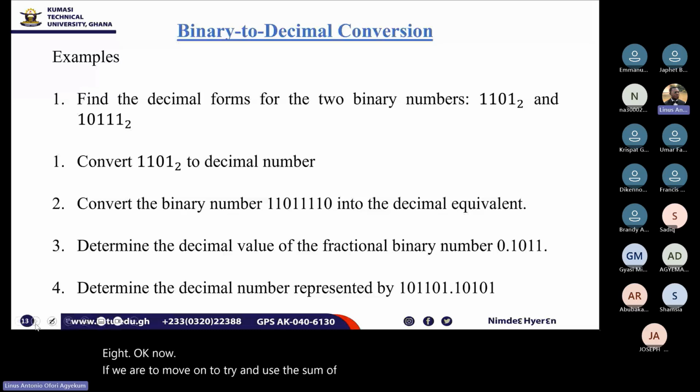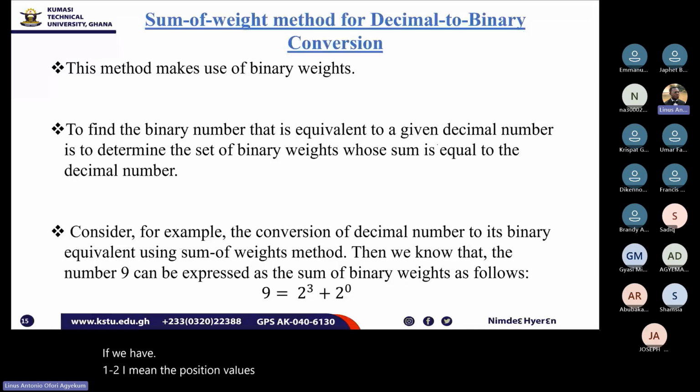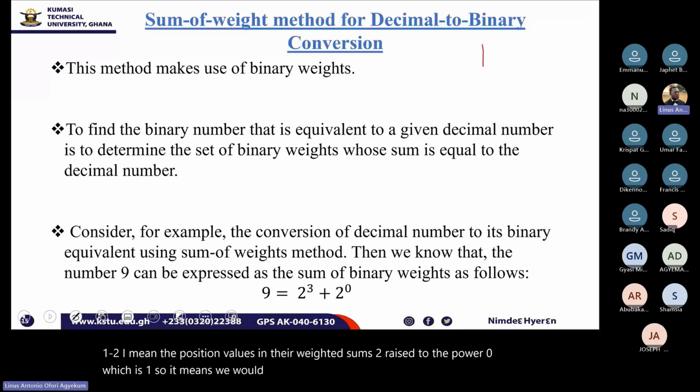Okay. Now, if we are to move on to try and use the sum of weighted methods for finding the value of the decimal number 9, because we have the number to be 9, and we know that in binary, the position values in their weighted sums, 2 raised to the power 0, which is 1, means we would have 1, we would have 2, we would have 4, and we also have 8.